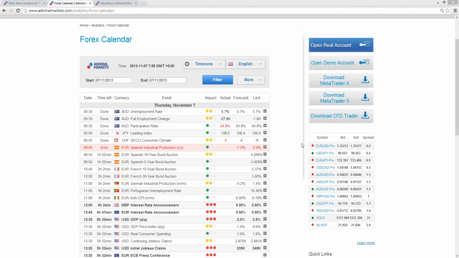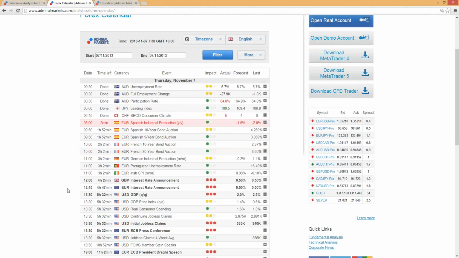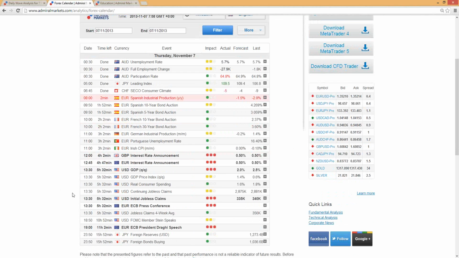Awesome stuff. So today we have the euro and pound interest rate, in fact, and that's later in the afternoon, as always, just after lunch, and within 45 minutes of each other. We have USD GDP, Euro ECB press conference, USD initial jobless claims, and then ECB President Draghi speaking.